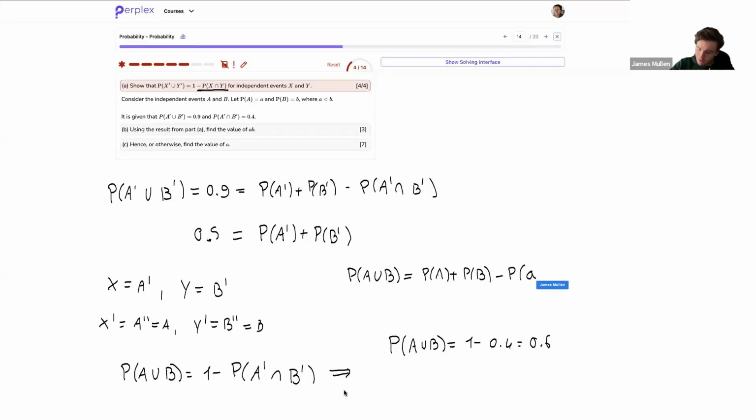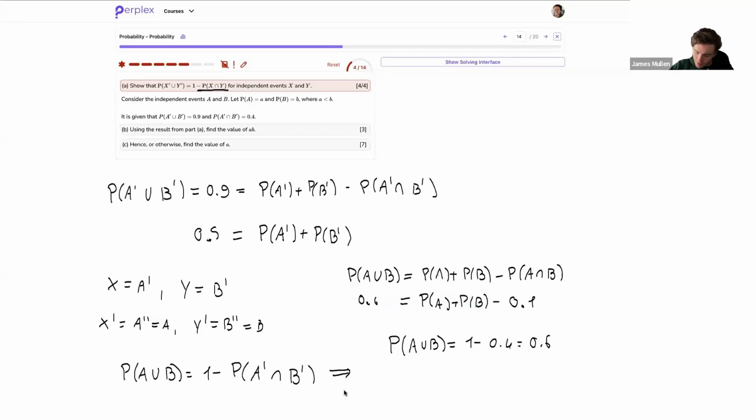And these are independent events, so that's just going to be the product. So 0.6 is equal to P of A plus P of B minus AB, and we found that AB was equal to 0.1.